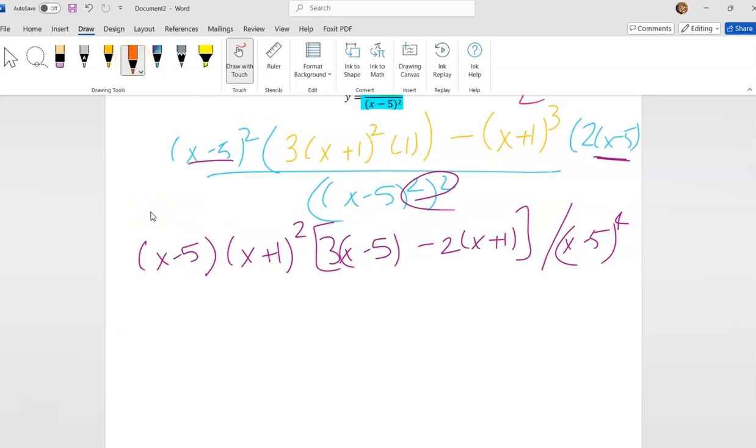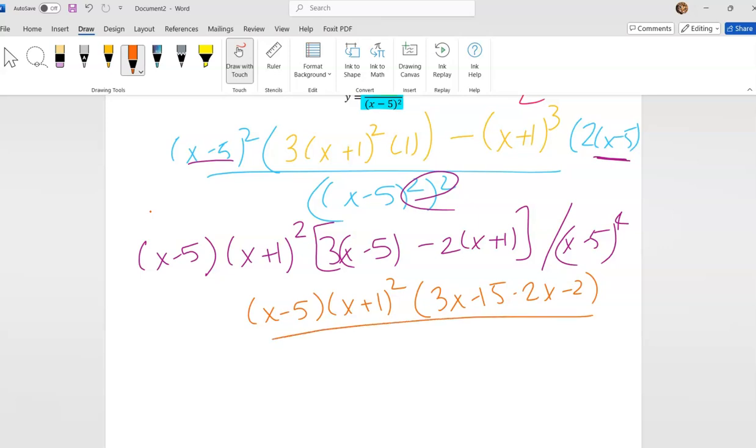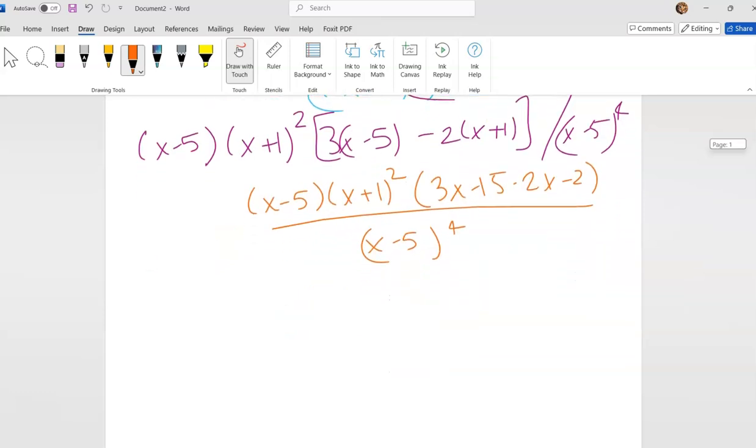Now I am going to do more cleanup. So I have x minus 5, x plus 1 squared. And then what am I going to get in here? I'm going to get 3x minus 15 minus 2x minus 2 all over this bottom. Okay.